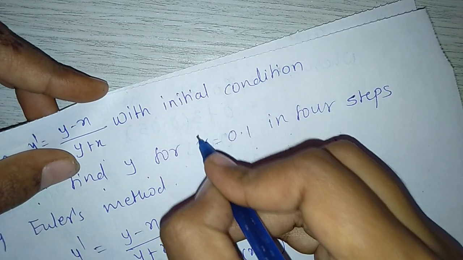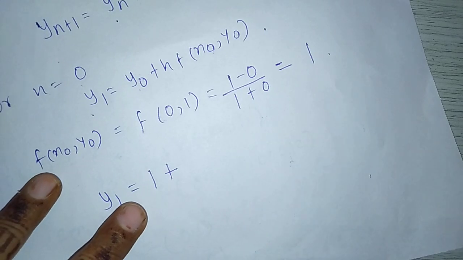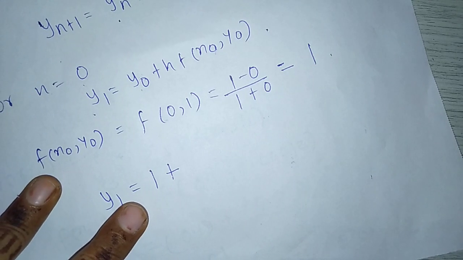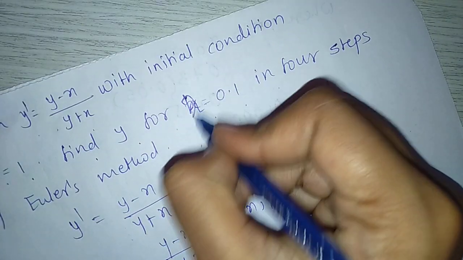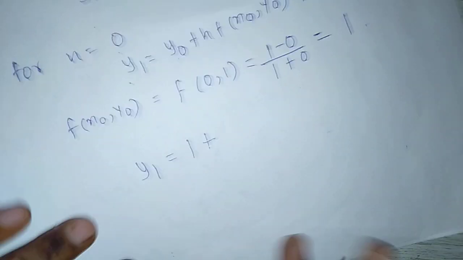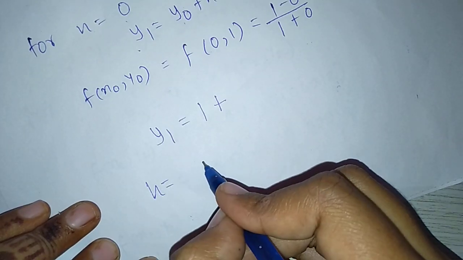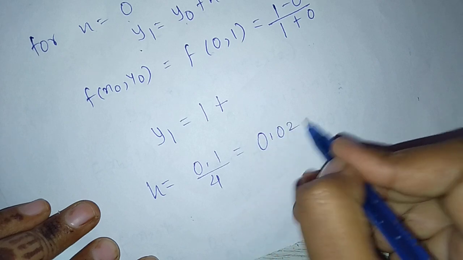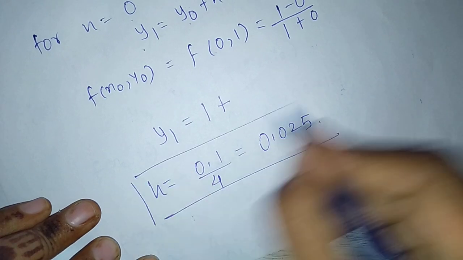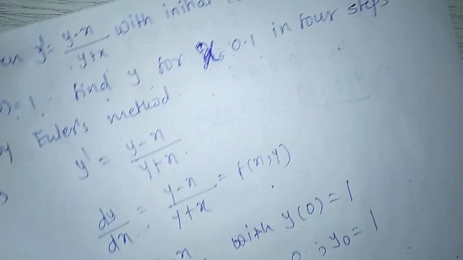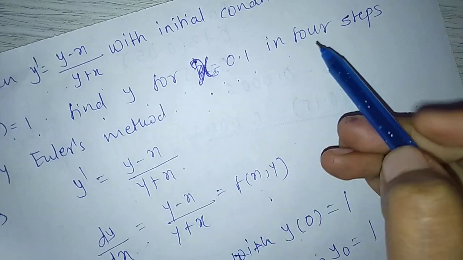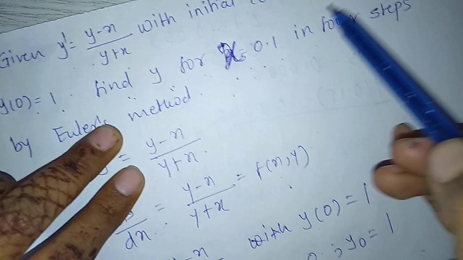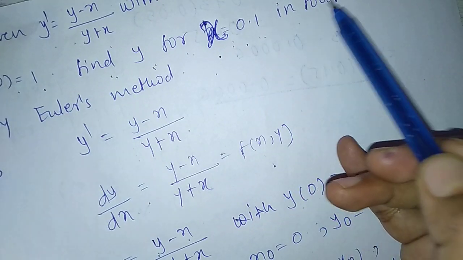Therefore, this equation becomes y1 equal to y naught, which is 1, plus h. Here x equal to 0.1, so h equal to 0.1 upon 4 equal to 0.025, because we need to find y for x equal to 0.1 in 4 steps.